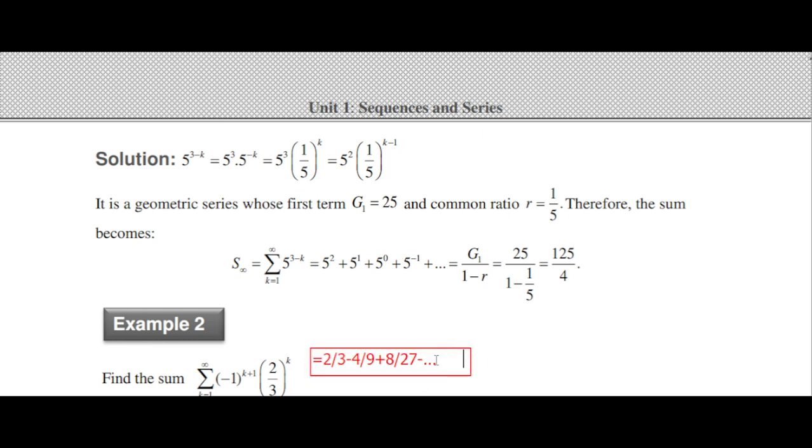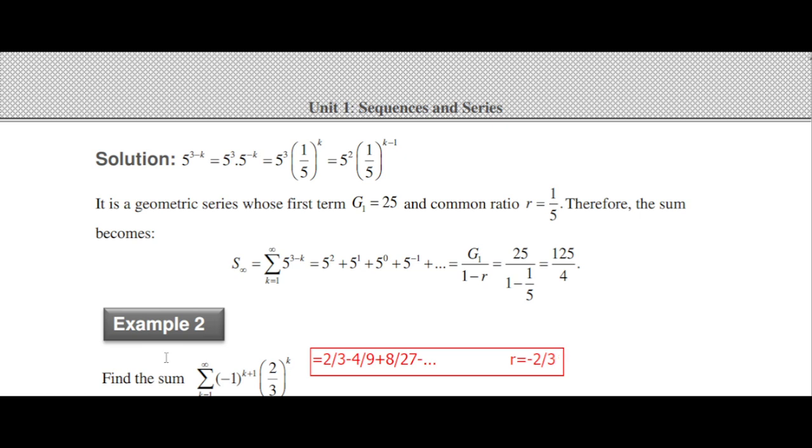Let's take the absolute value of this. The absolute value will be 2 over 3, which is strictly less than 1. So this is a convergent geometric series.